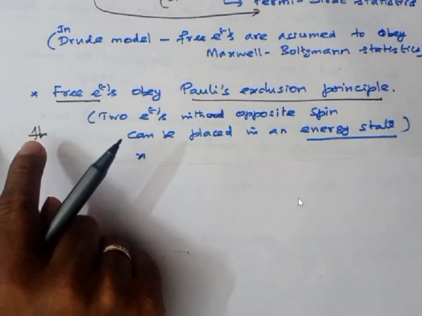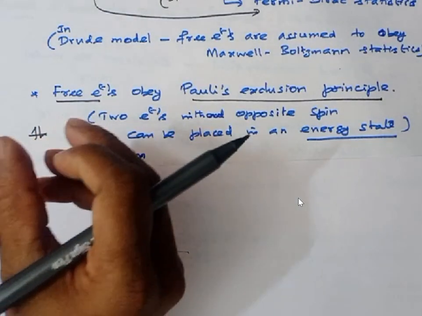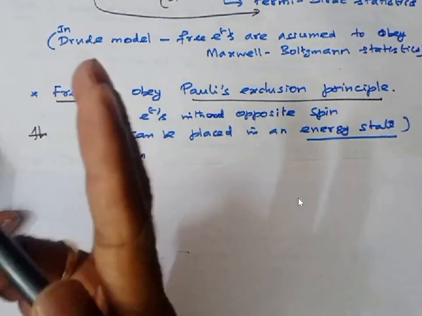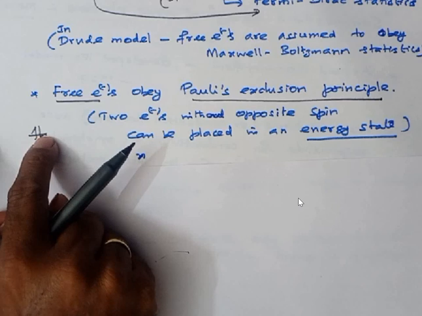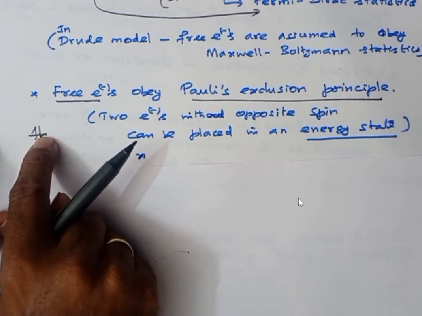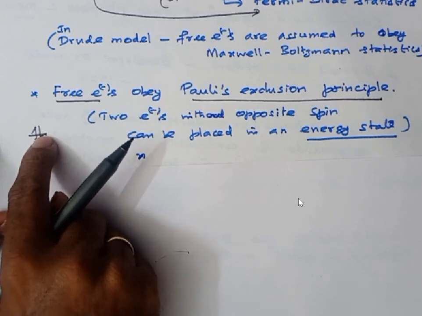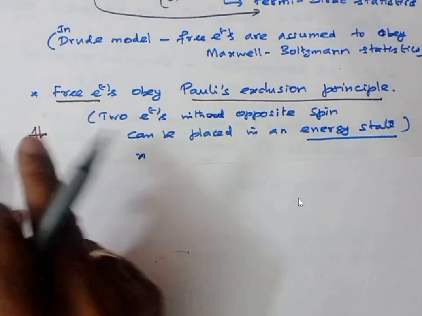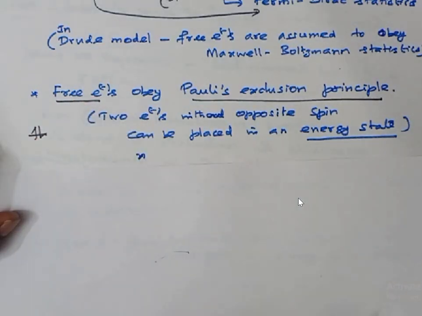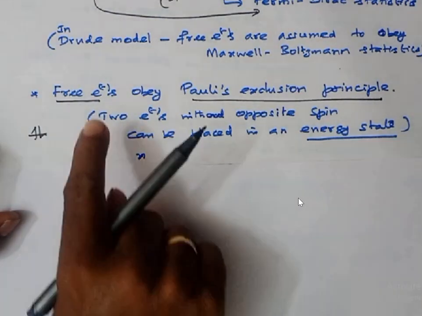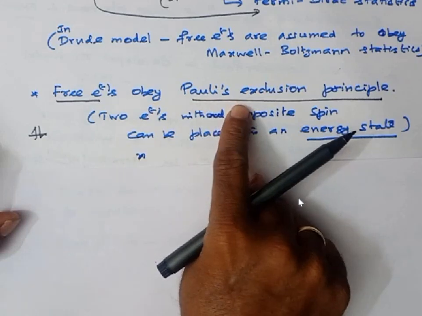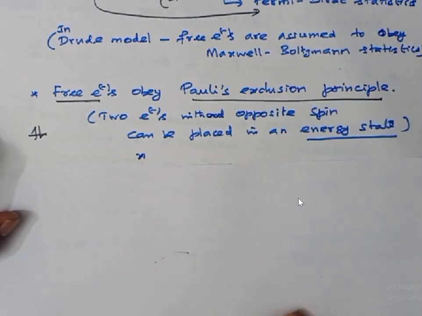See, this is not a spin state, this is an energy level. In each spatial state you can place two electrons with opposite spin. Clear? This is what we call Pauli's exclusion principle. You cannot put more than that.